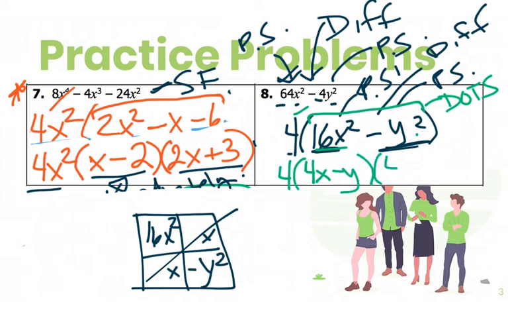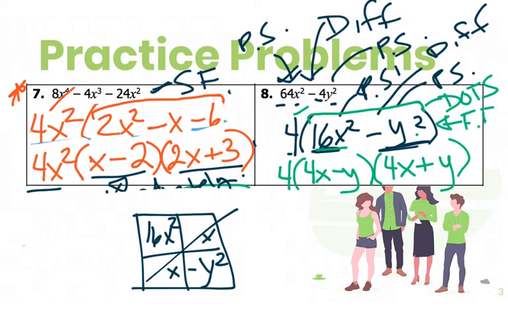And now the next one should look identical, except it has a plus sign. So the only difference in your factors when you're doing a difference of two squares is that sign. All right, so I have factored once, right? Here I factored once.